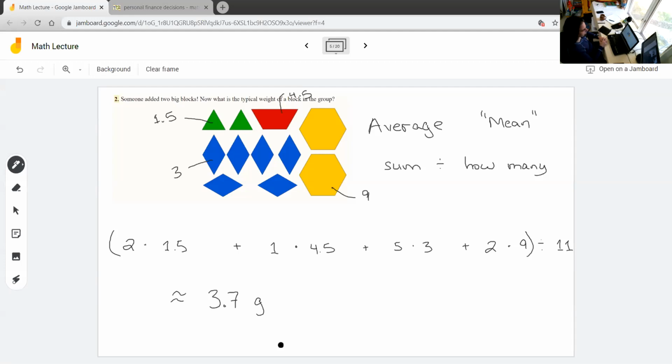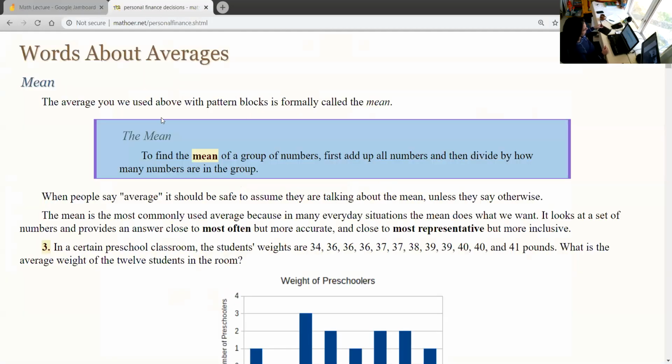I think 3.7. Anyway, I got 3.7. So that's the kind of average we're most used to. And it's not the only kind of average though. So we'll use the word mean to say that's the kind we want.